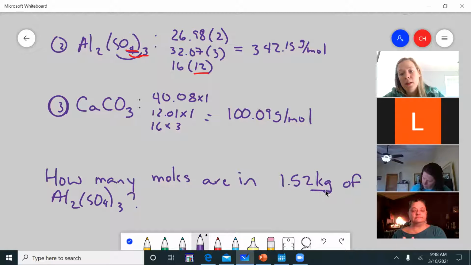Now note, I gave you the value in kilograms, so just make sure you're converting when needed. I'll give you 2 minutes or so. Because we're dealing with aluminum sulfate, you can use the molar mass here for this.